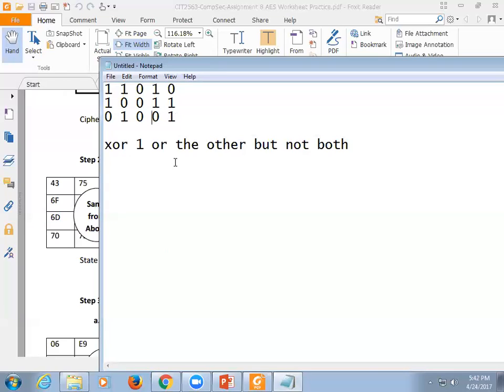So one or the other must be a 1, but not both. In other words, if they're both 1s, we get a 0. If we have one or the other, we get a 1. Since we have 2 that are zeros, we get a 0, and 2 that are 1s, we get a 0.